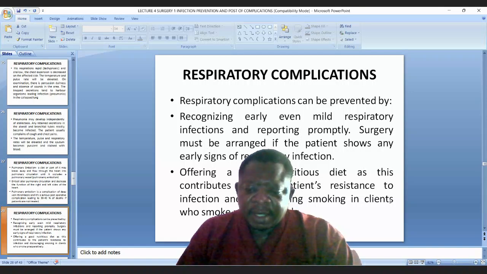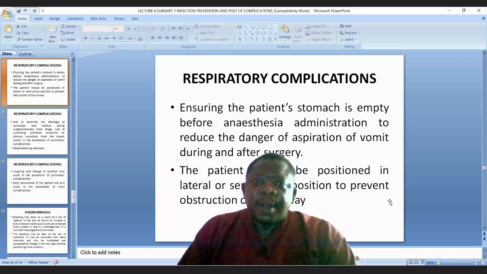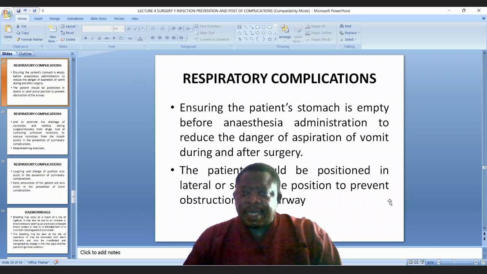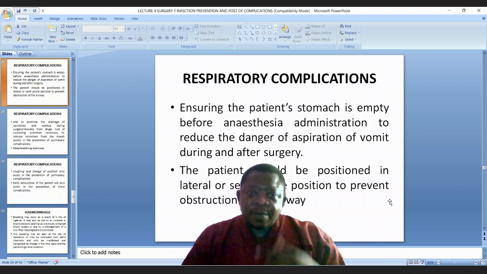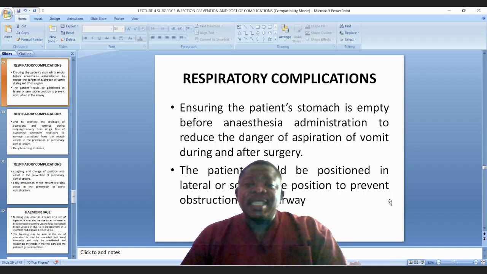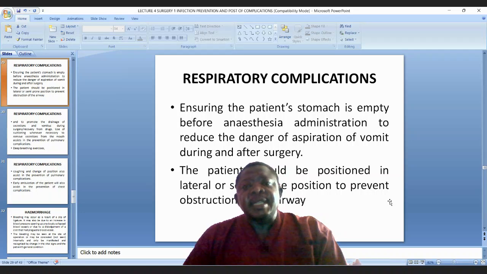Okay, ensure the patient's stomach is empty before anesthesia administration to reduce the danger of aspiration or vomiting, which is quite important because we want to prevent aspiration pneumonia. Patients after surgery may feel nausea and vomiting, and if they vomit a lot, they may aspirate this and it may lead to aspiration pneumonia.